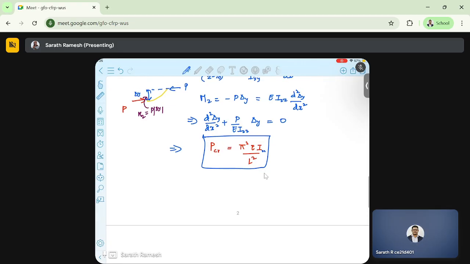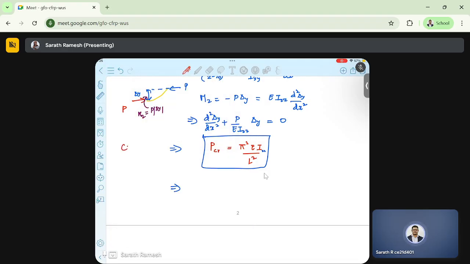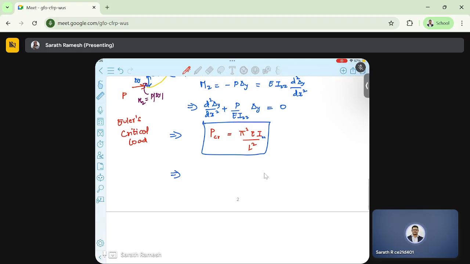Now we can write the stress value also, critical compressive stress. This we say critical load. We say Euler's critical load. This is Euler's formula. So this load we call Euler's load or Euler's critical load, and similarly critical stress. Simply divide this by area.